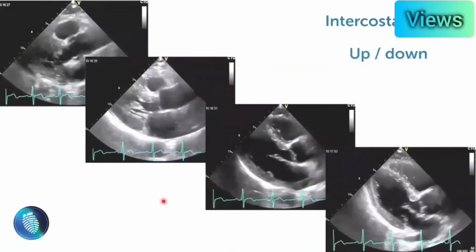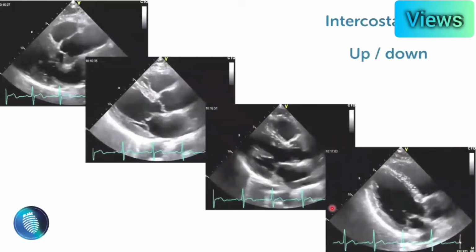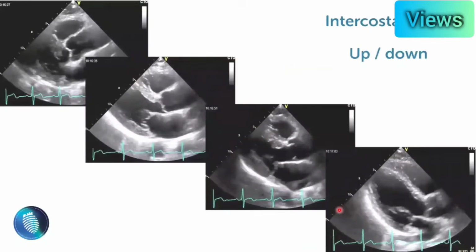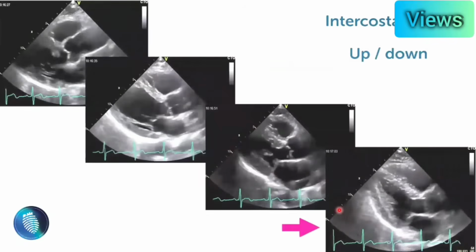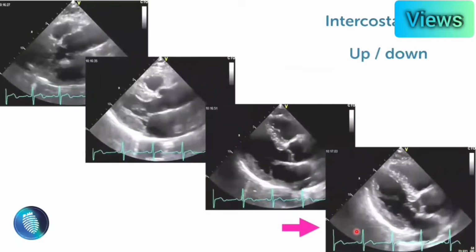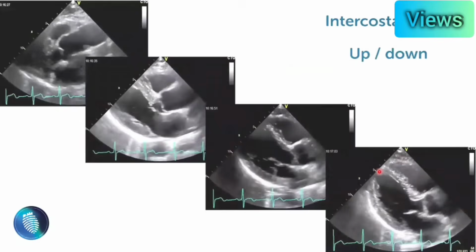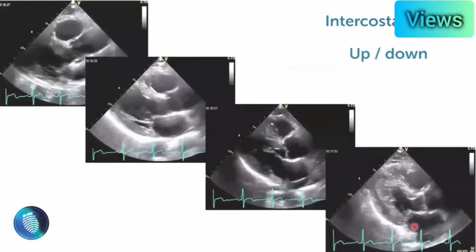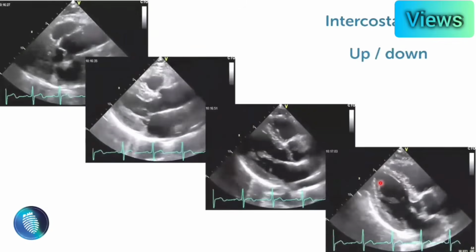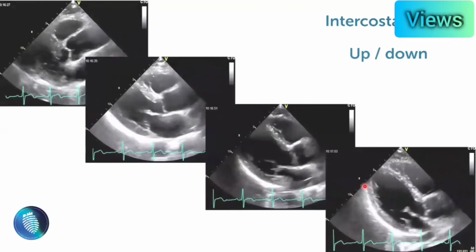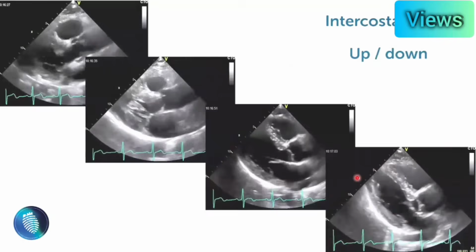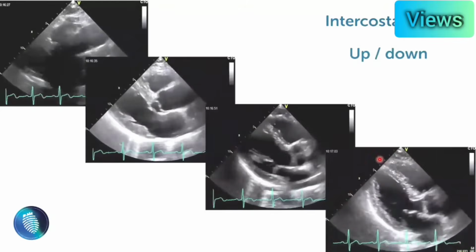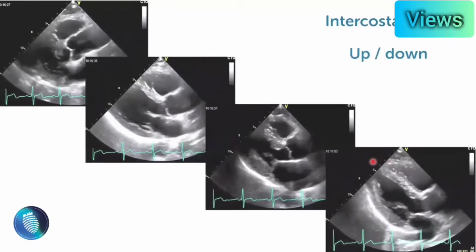Let's apply this to those problems. If you look at the lowest image in this slide, what do we notice here? We notice two problems. The first problem, we are seeing the apex. This is the apex, and we said that we should not see the apex at all in the parasternal long axis view.